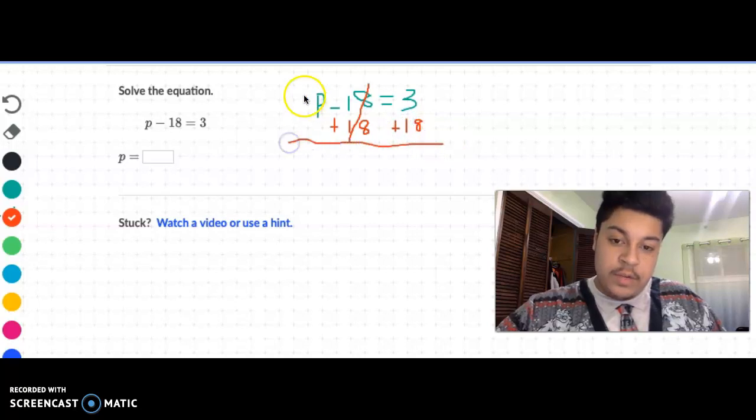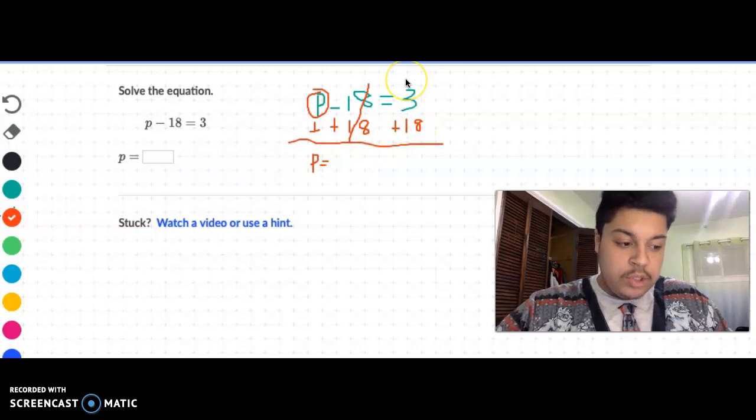Let's draw a line. We're left with this P. So let's bring the P down, and then P will be equal to whatever 18 plus 3 is. So 18 plus 3 is 21. P is equal to 21.